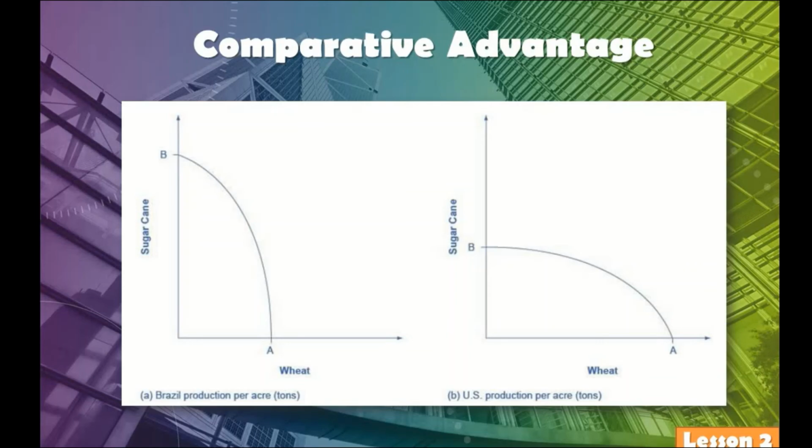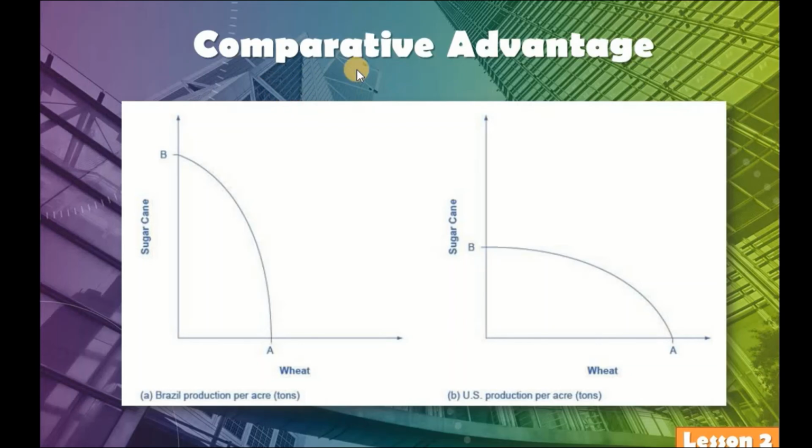Next is comparative advantage. At ano po bang meron sa comparative advantage? So, dito, comparative advantage is ano yung advantage mo? Ano yung angat mo? You're going to compare yourself to others.